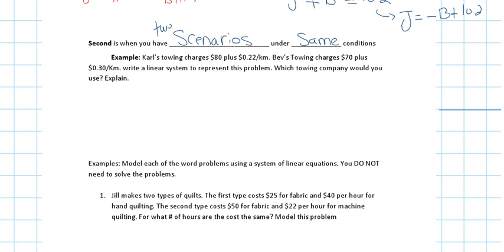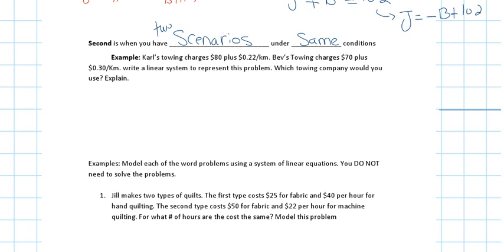What are my variables here? 80, you're going to pay it no matter what, plus 0.22. Are you only going to pay 0.22, or are you going to pay per kilometer, times the kilometers that you drive?